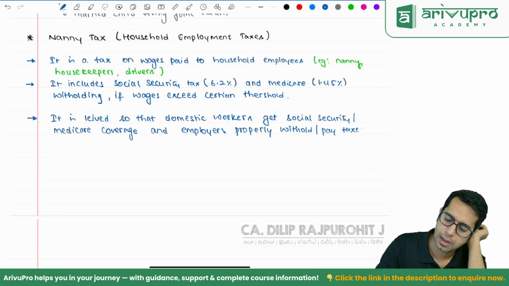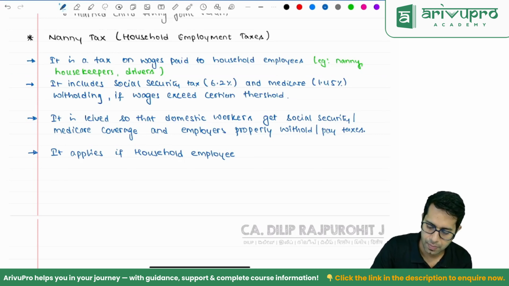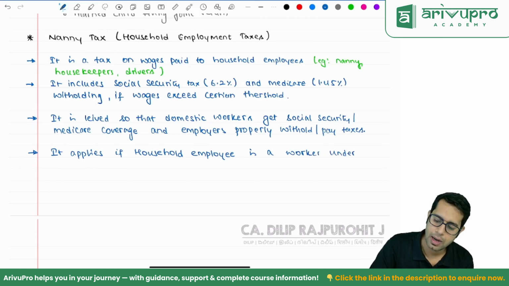When does it apply? When is it applicable, sir? It is applicable if the household employee is a worker under the employer's control.